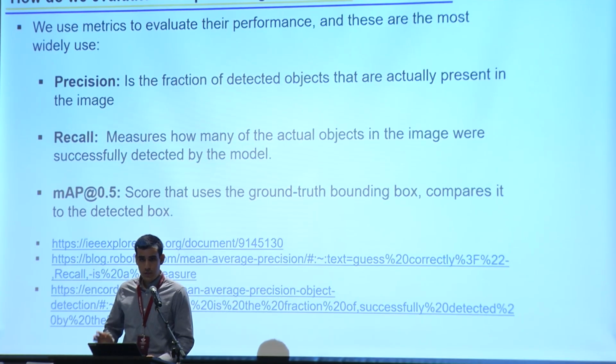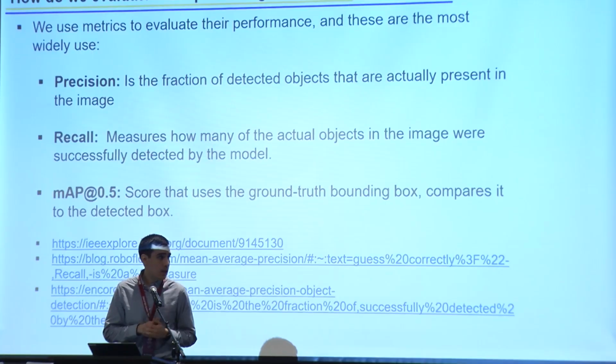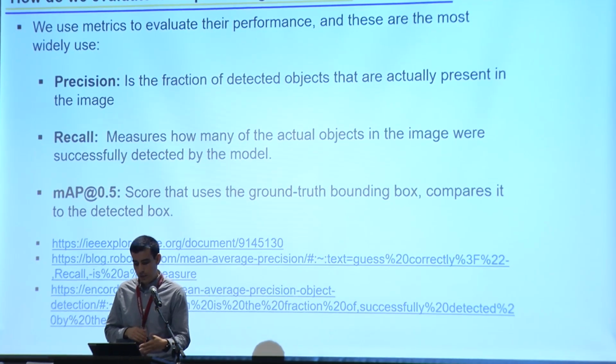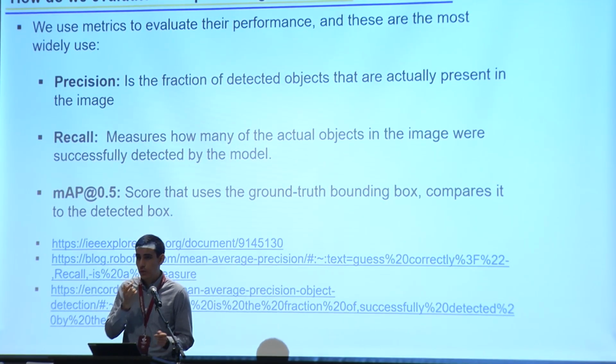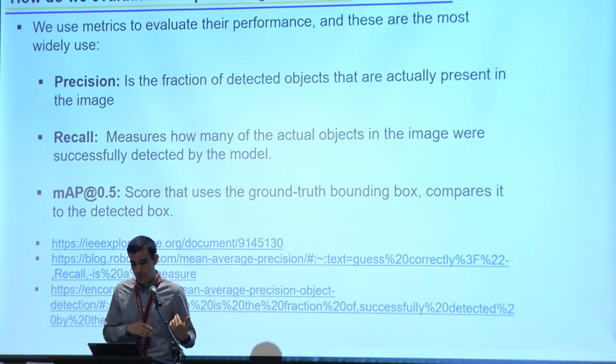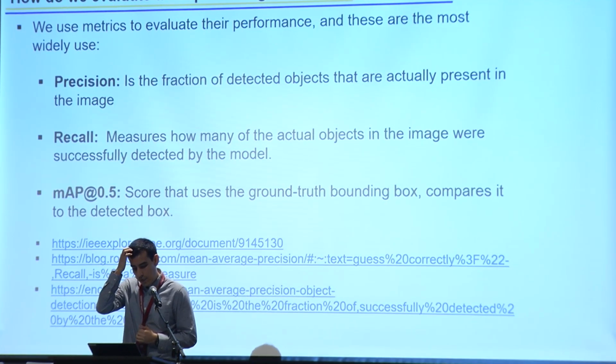After you finish training, RoboFlow will send you an email and will tell you these 3 metrics. You can also use other metrics that you can calculate in the same code, but usually YOLO models are evaluated with these metrics: precision, recall, and the mean average precision at a specific threshold.